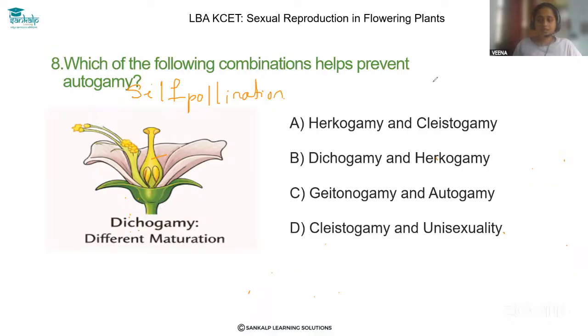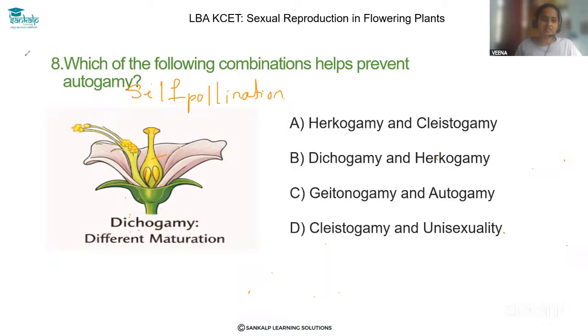So the distance will be more between the anther and stigma, so that there is no chance of pollen grains falling on the stigma. So these are two outbreeding devices or methods which prevent the self pollination.